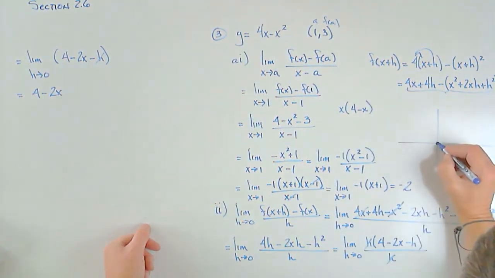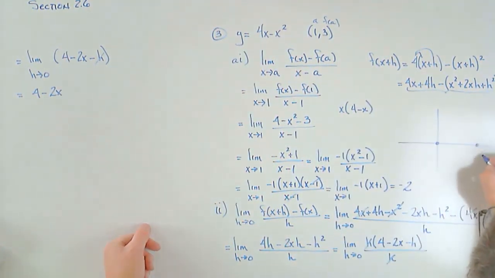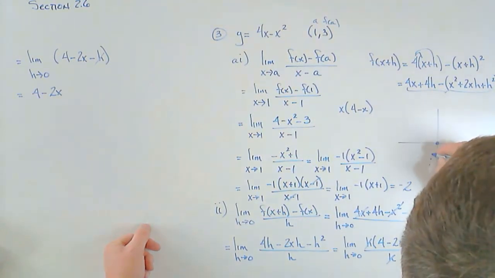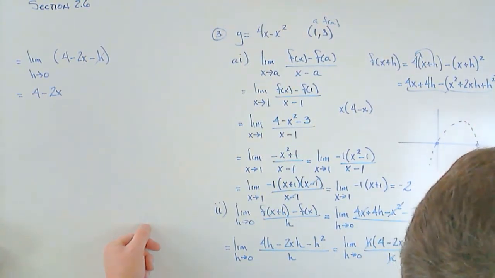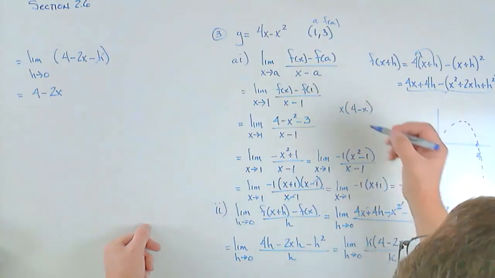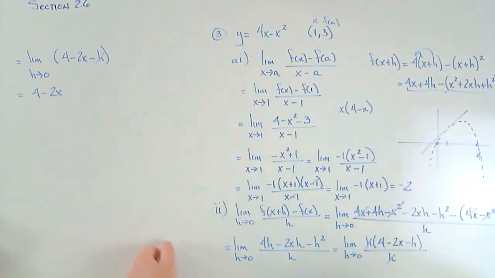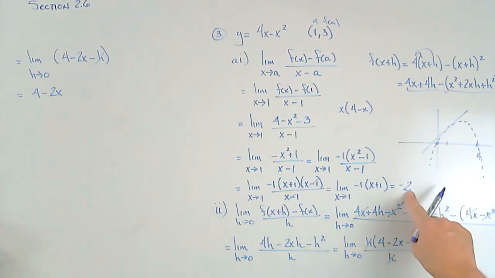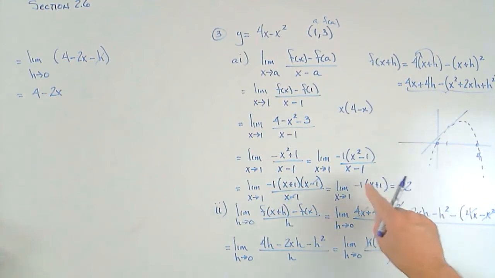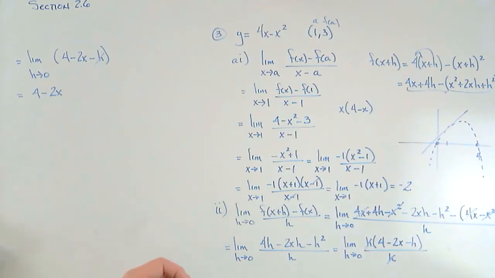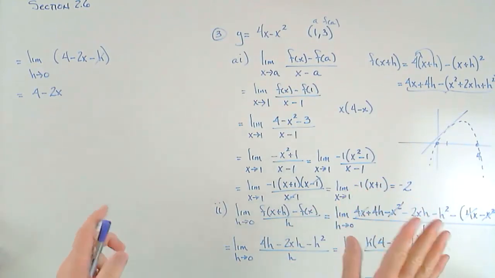So we have a 0 here, we have a 0 at 4, and it opens down because the x squared is negative. The point is right here, so our slope should be positive 2. Somehow over here I got negative 2, which means someplace over here I made a negative sign error, where one of you was probably trying to tell me, Kevin, stop, you made a mistake.